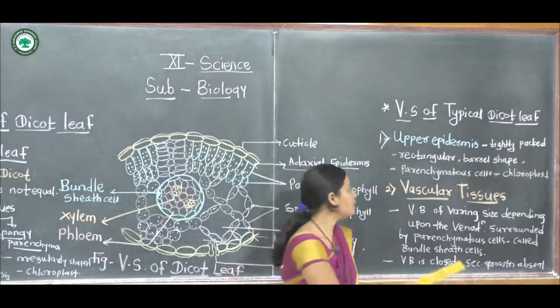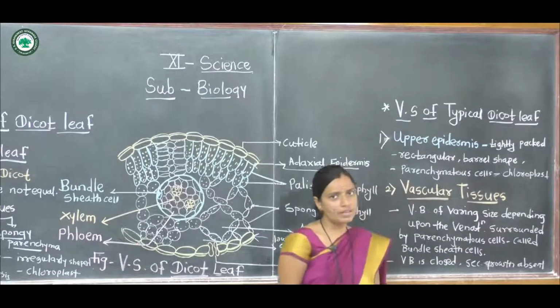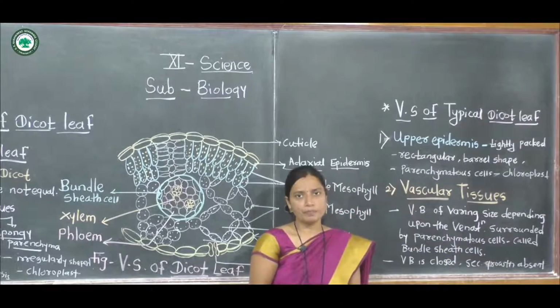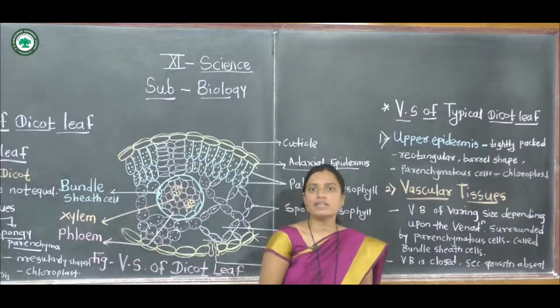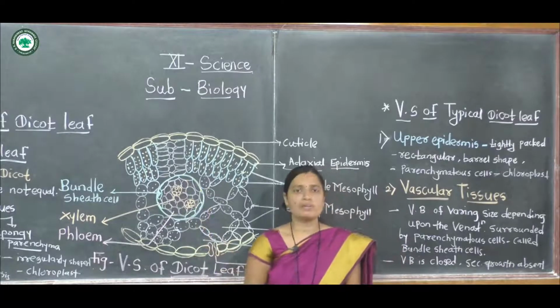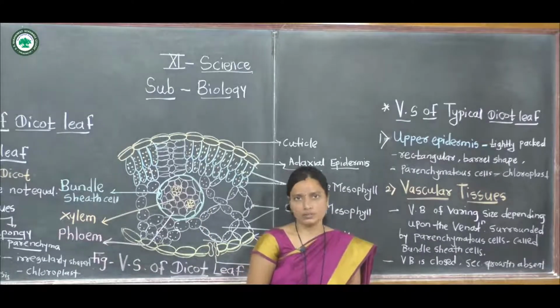Venation means the arrangement of veins and veinlets in the leaf, and the number of vascular bundles depends on the venation of the leaves.